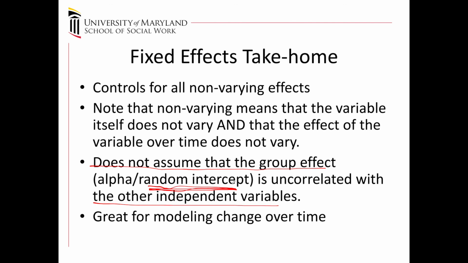That's not true of random intercepts. It's great for modeling change over time. As you can see here, we can really isolate the within effect, the change over time within group. And if that's what you're interested in, fixed effects are a fantastic approach to that.